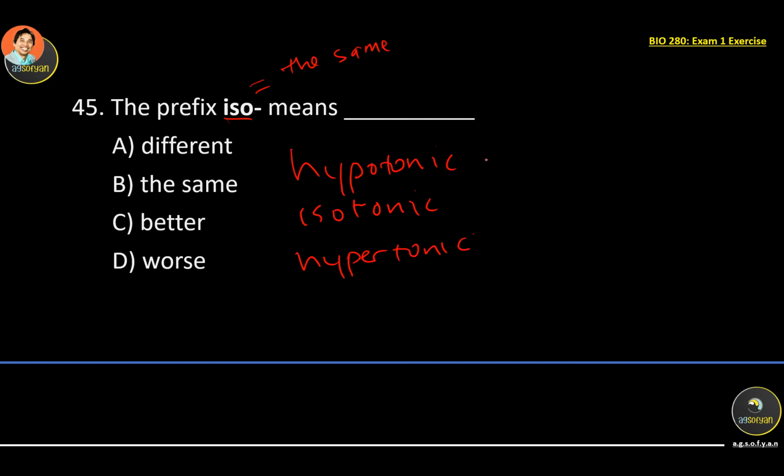So this is below norm, this is the same or norm, and this is above norm. So iso means the same.